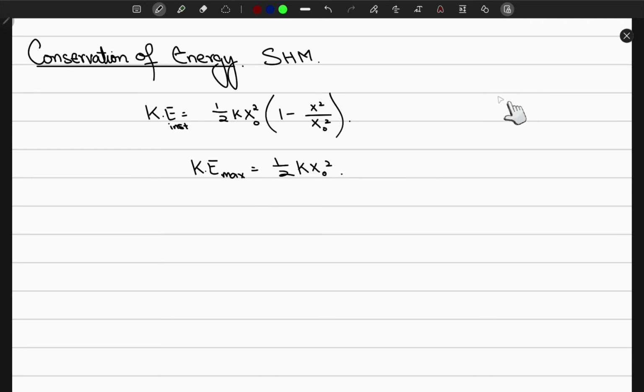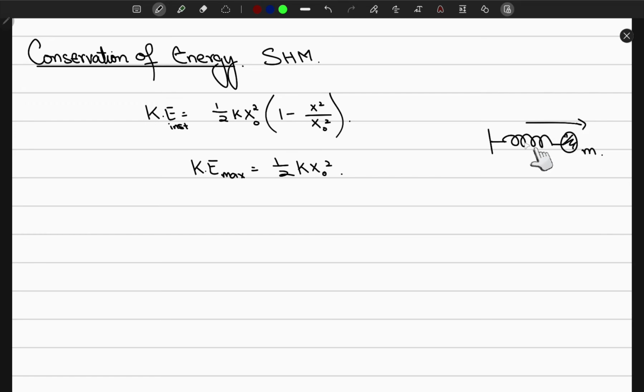And again, the reason for this is that if you have this spring mass system, when I extend or pull this mass towards this side, then it gains some potential energy.